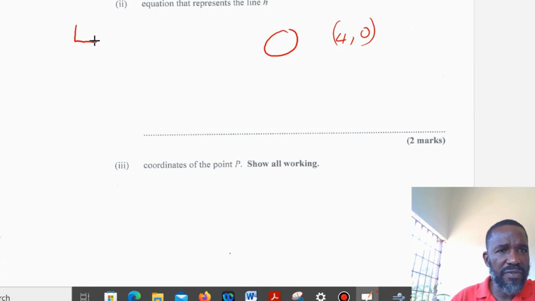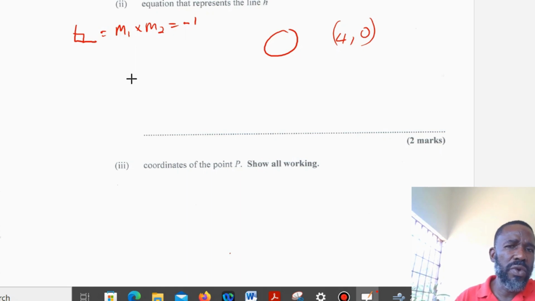If two lines are perpendicular, meaning they form a right angle, then m1 times m2 is equal to -1. What do we know? We know that the gradient of the first line G, m1, is equal to a half.